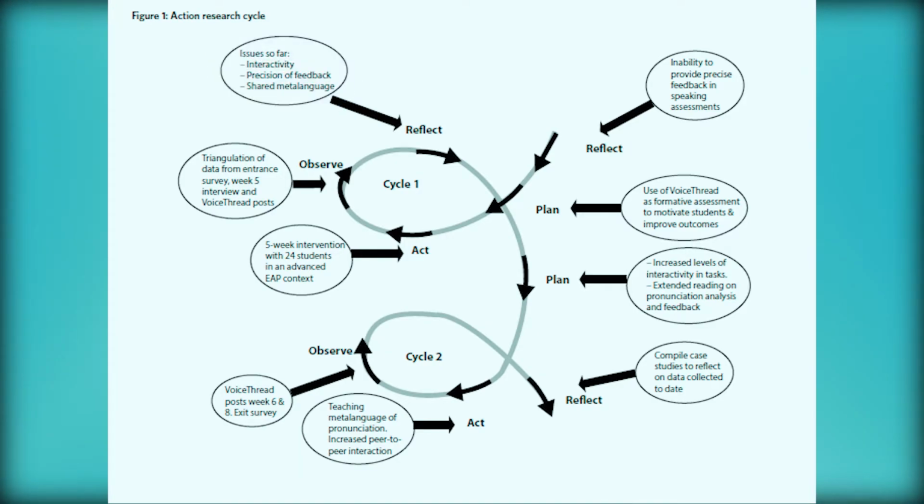So that means we then went through another cycle, and what we did is we increased the interactivity in the task, so the students were asking questions of each other more, and we also did more of a pronunciation analysis of their responses with feedback. And we found during the second cycle that the results were a lot more pleasing, with improvements in their pronunciation and a lot more peer-to-peer interaction.